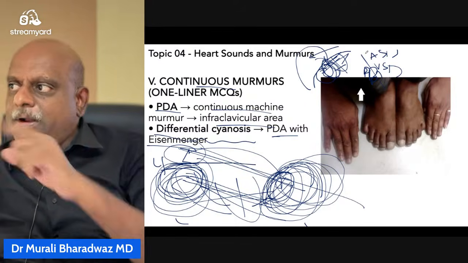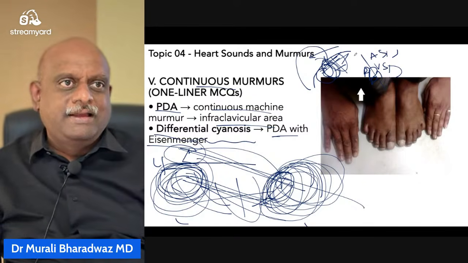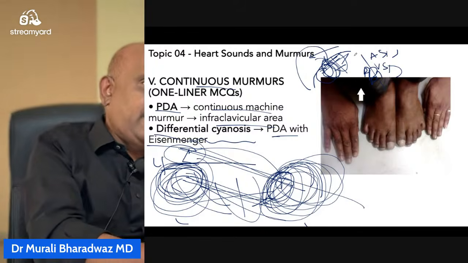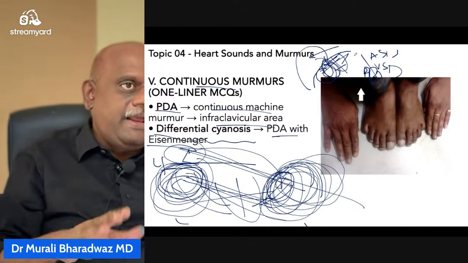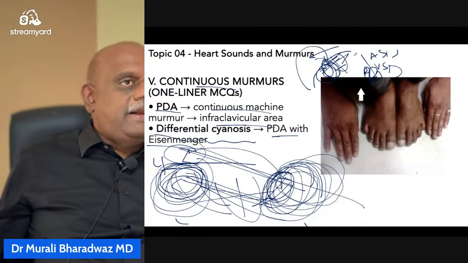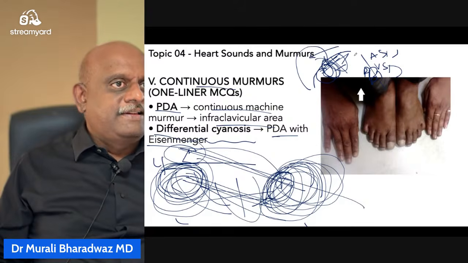That will make bad blood mix with good, leading to cyanosis. So acyanotic became cyanotic with the advent of pulmonary hypertension in ASD, VSD, PDA. That is called Eisenmenger. Understood? Yes or no? 50%. Huh?